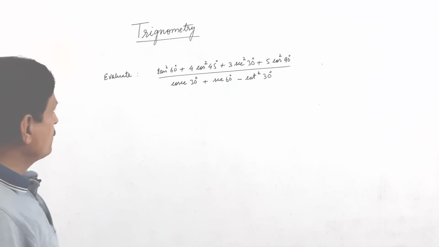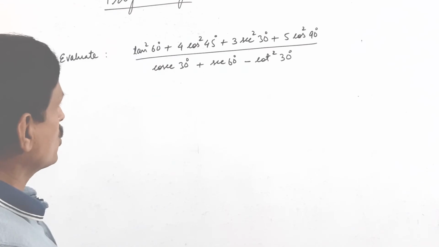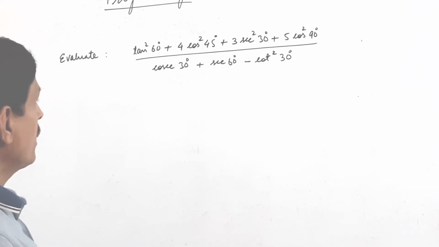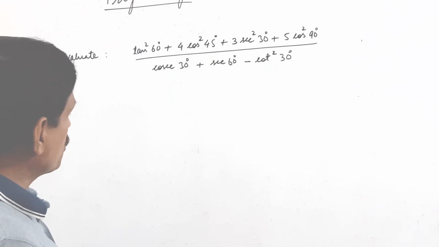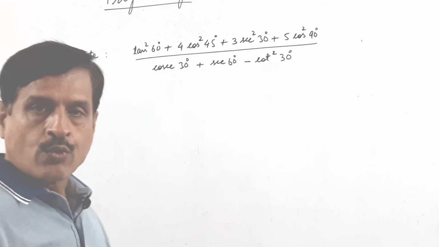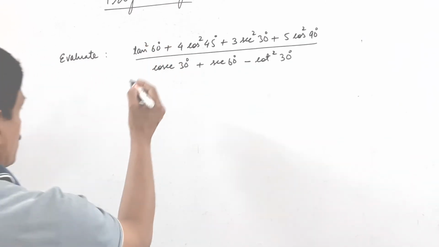Now evaluate tan²60 degree plus 4 cos²45 degree plus 3 sec²30 degree plus 5 cos²90 degree upon cosec 30 degree plus sec 60 degree minus cot²30 degree. From the table, we substitute the values of these trigonometric ratios.